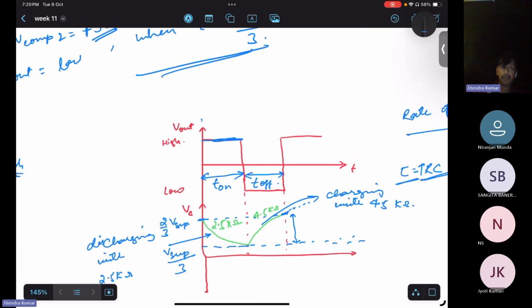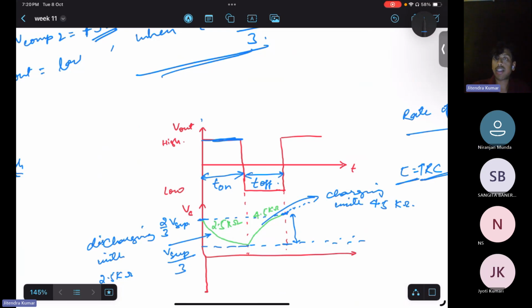Again it has a tendency to fall till 0, but it is restricted at 1 by 3rd of V supply. Are you able to get these points? Any doubt?